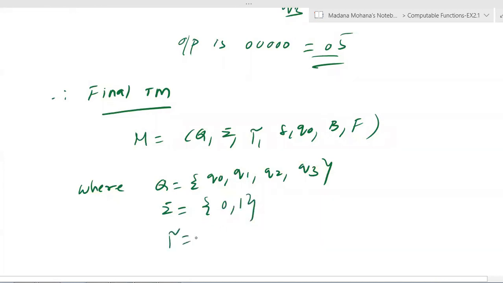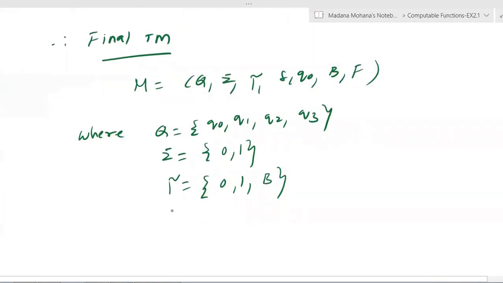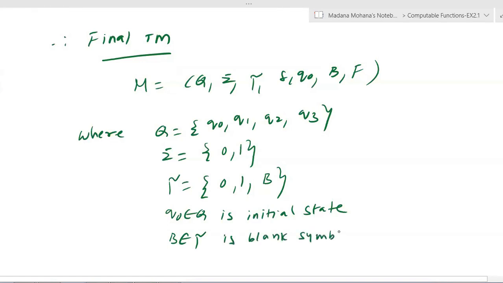Then tau equal to {0, 1, blank}. Then q naught belongs to Q is the initial state. Then blank belongs to tau is the blank symbol. Then F equal to q3 is the final state or accepting state.